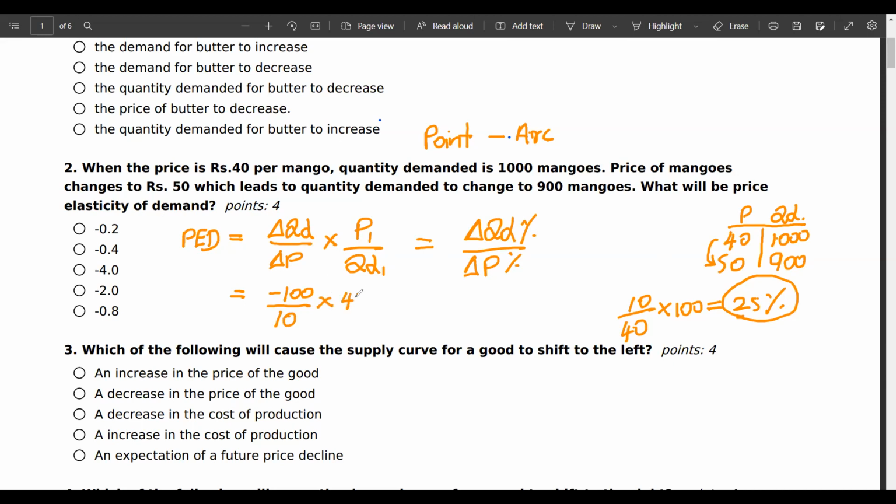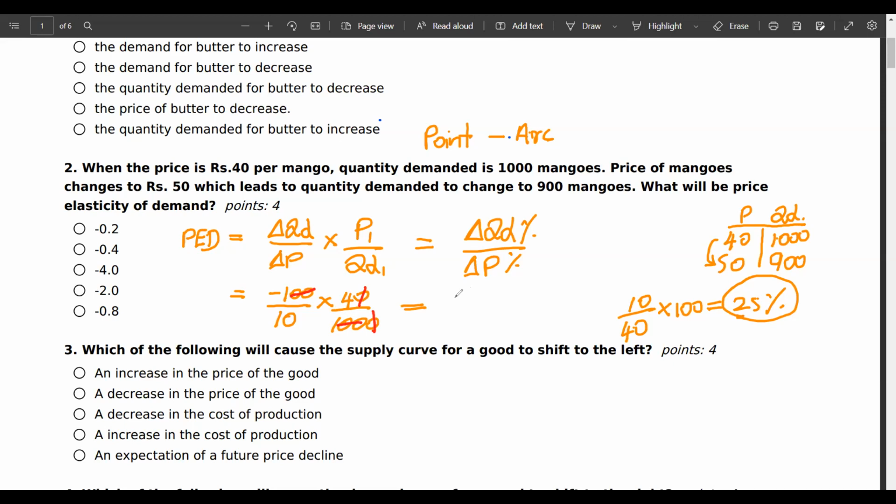The original price is 40 rupees, divided by the original quantity demanded. What's the quantity demanded? 1000. So that's the original quantity demanded. Then these two zeros cut those two zeros.